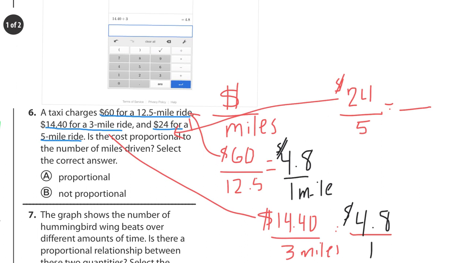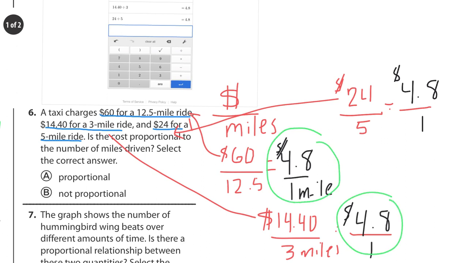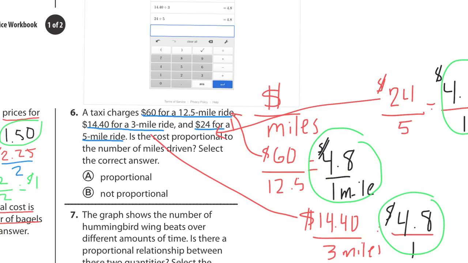So now we have equivalent ratios, because for every single one of these, we get 4.8, 4.8, 4.8. So this one is proportional. Okay? That's our answer.